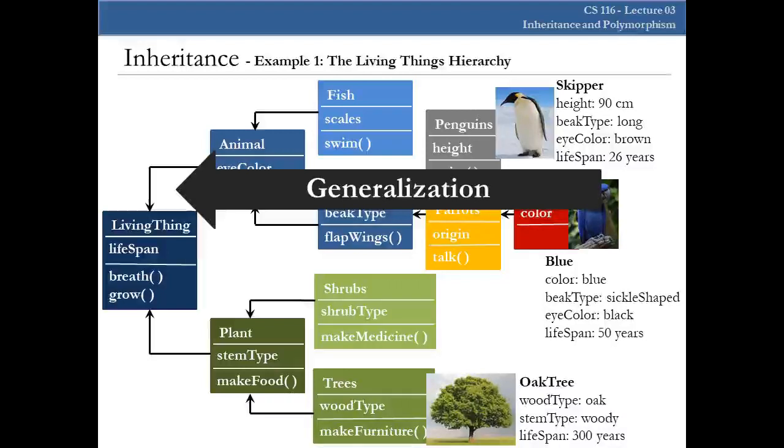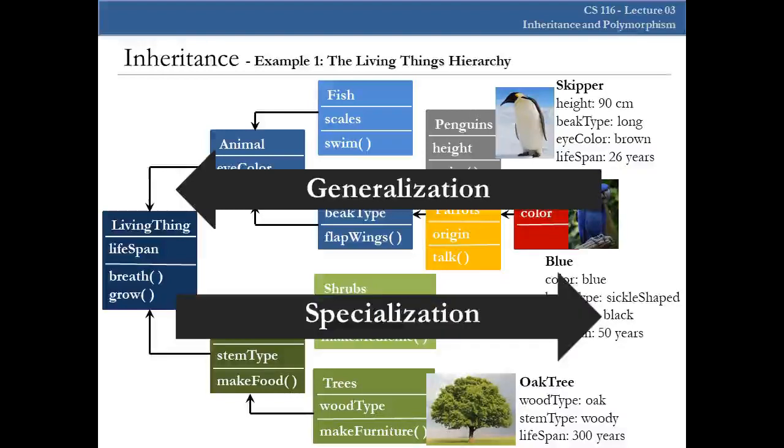That means that penguins and parrots are generally animals, or you can say penguins, parrots and trees can all generally be called living things, right? Similarly, if you go from left to right, that is if you go down the hierarchy, this is called specialization. Penguins or macaws are special types of living things, or trees are special types of living things.